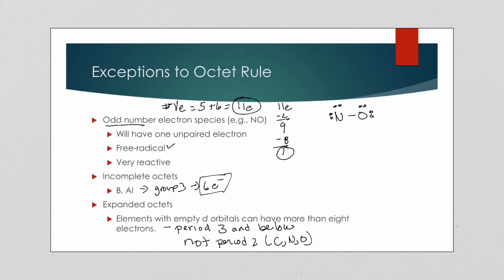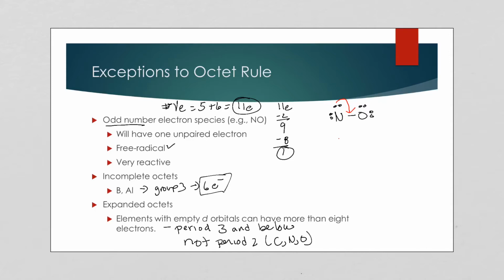So we know that we're going to need a multiple bond. So we're going to need to make at least one extra bond. So the question is, where do we take the electrons from? But again, we take them from the lower electronegative atom because it's going to be the one realistically that would lose electrons. So let's do that.